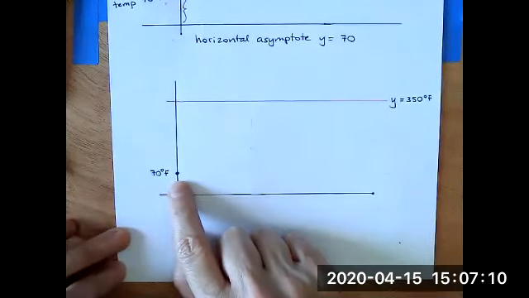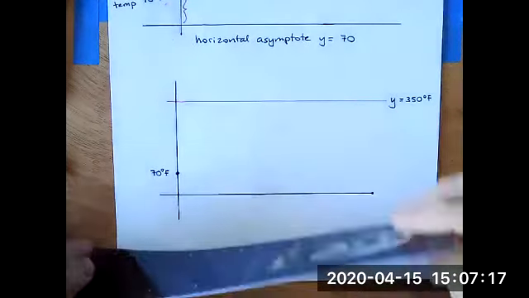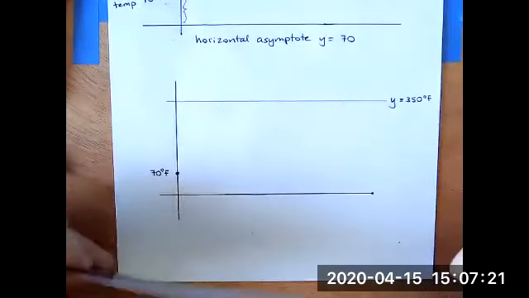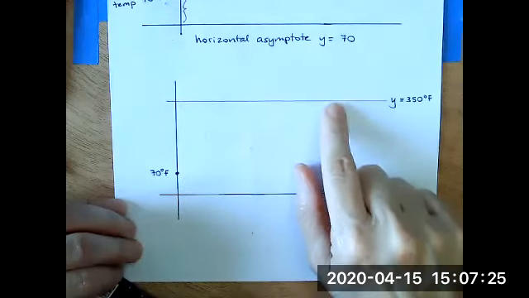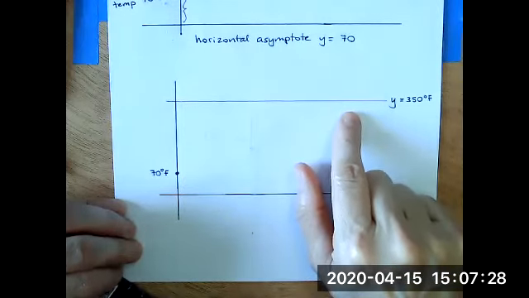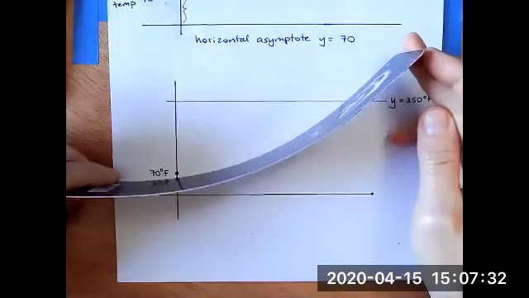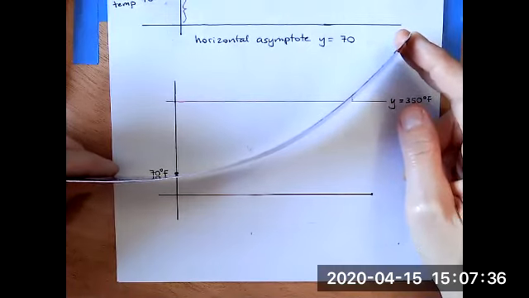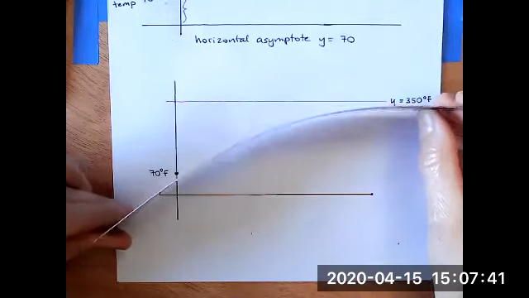If you were to take a room temperature potato and put it into a hot oven, what would the graph look like? Well, the temperature is going to increase. The hottest the potato will get is 350 degrees. Let's use Newton's law of heating or cooling to decide if it's concave up or concave down.